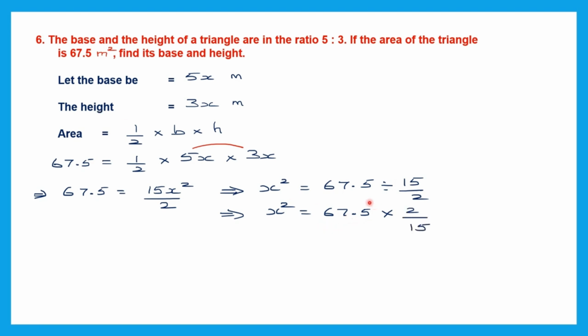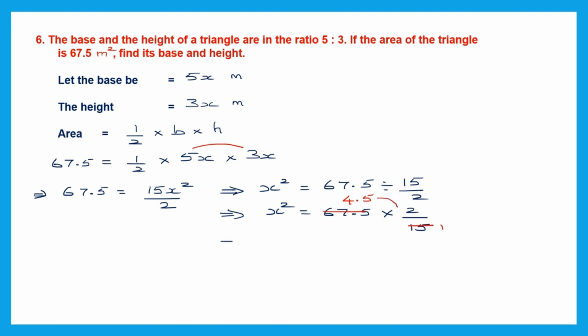Now if we divide 67.5 by 15 to cancel it, we get 4.5. That means 15 into 4.5 will give us 67.5. Now we just have to multiply 4.5 into 2.